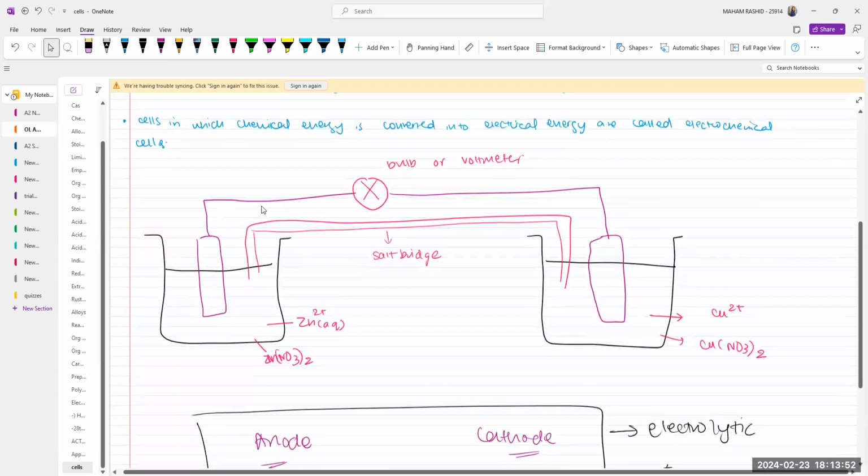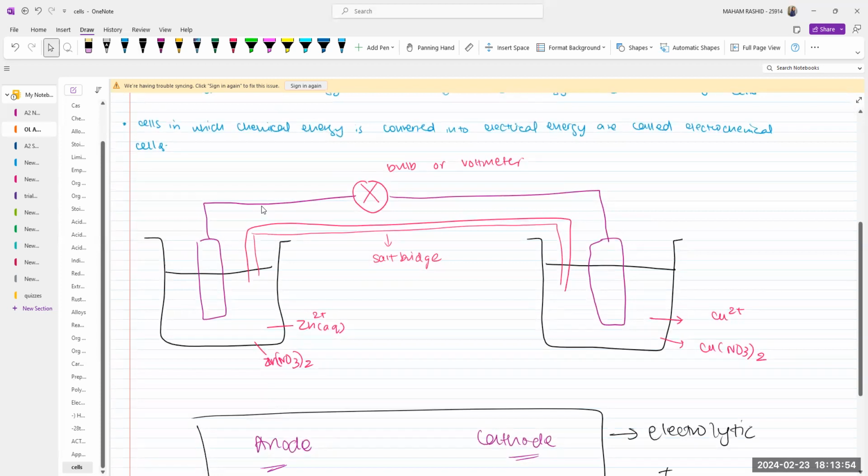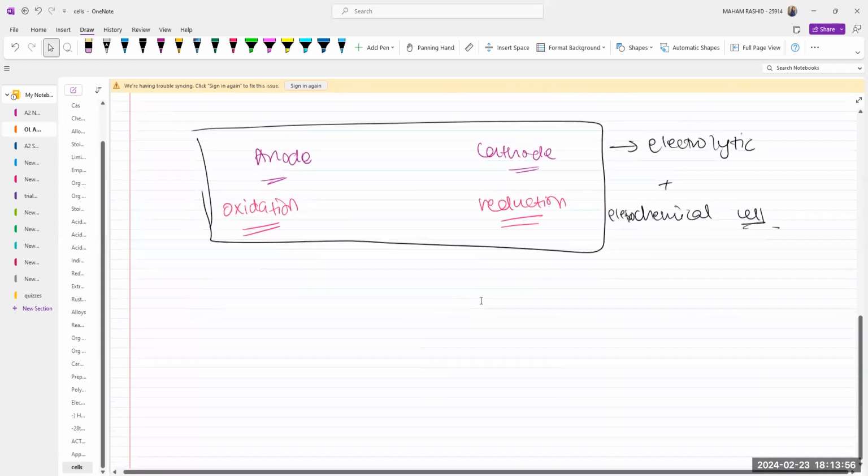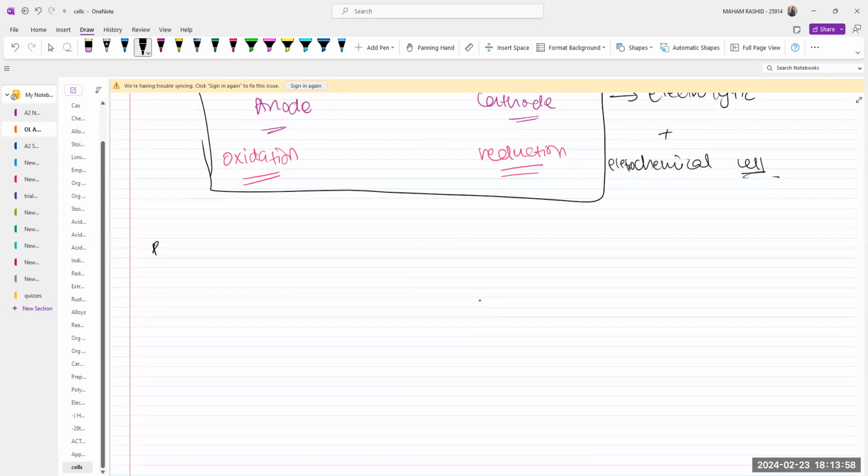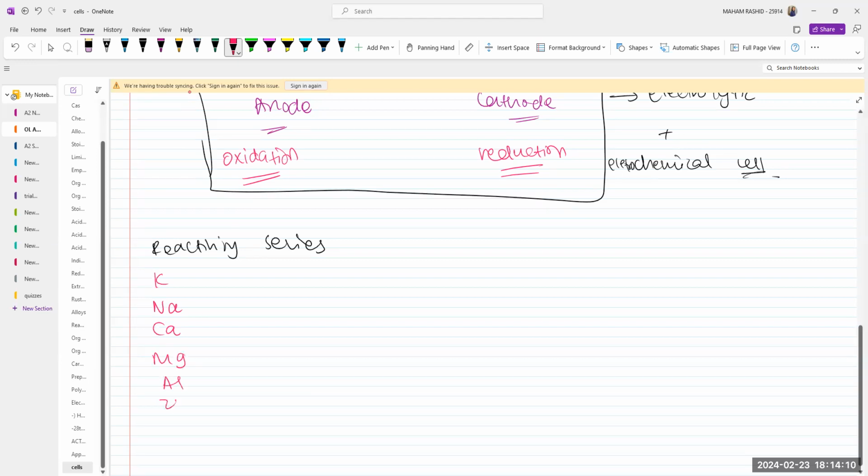Now, how do we know which one's anode and which one's cathode? For this, we check the reactivity series. So I have the reactivity series here, and if I write all the elements here, and platinum.